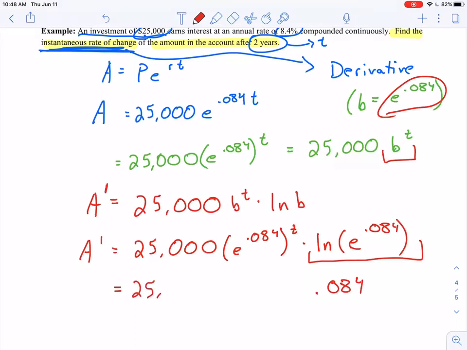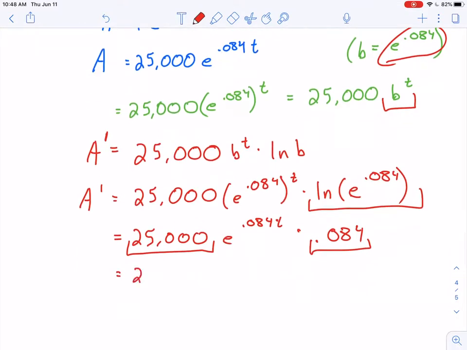This part right here, 25,000 times e, I'm going to rewrite this as e to the 0.084t power times 0.084, and then I can multiply these together just to make it look a little bit nicer. So let me see what I get there. 25,000 times 0.084. I end up with 2,100. So 2,100 e to the 0.084t. This is my derivative a prime.